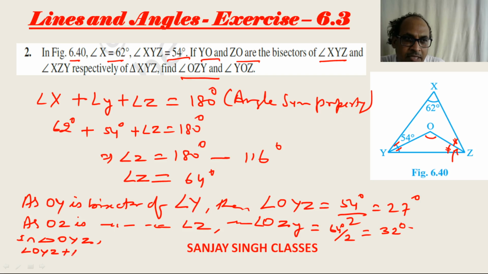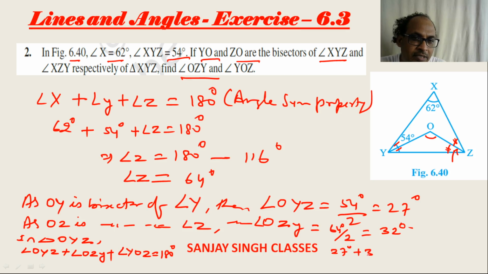OYZ plus angle OZY plus angle YOZ will be equal to 180 degree. Okay, right. So angle OYZ is 27 degree. So here I am writing 27 degree plus angle OZY is 32 degree plus angle YOZ, which we need to find out, is equal to 180 degree.